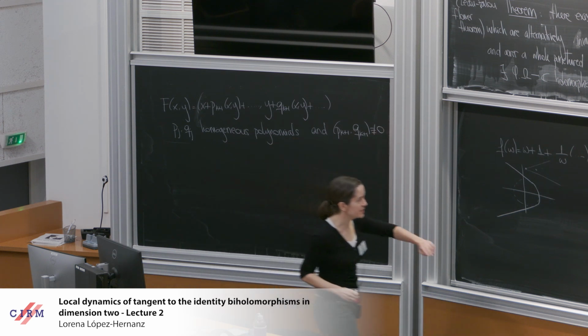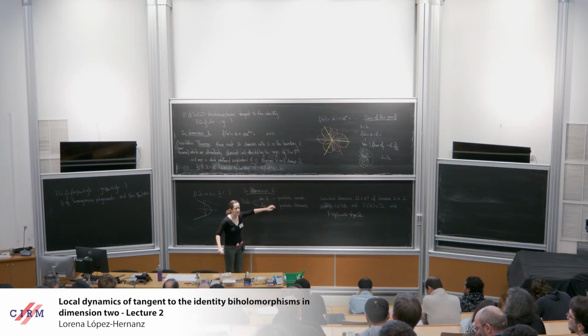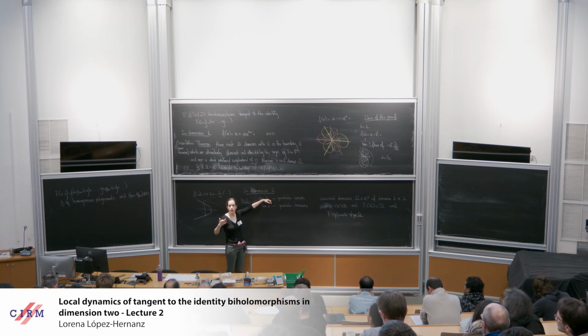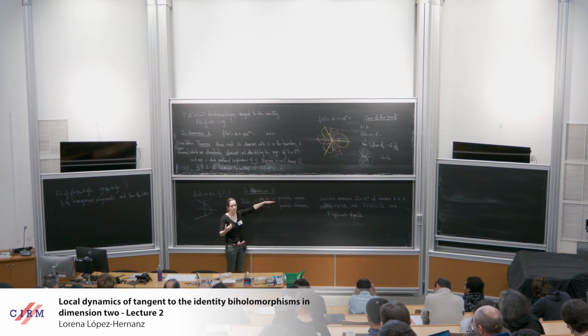Before stating the first result, let me just mention that if we had an invariant curve for F, an analytic invariant curve, then the restriction to this invariant curve would be a one-dimensional tangent to the identity map.